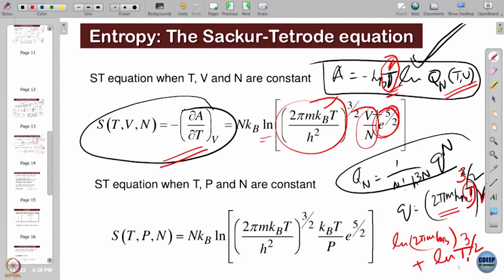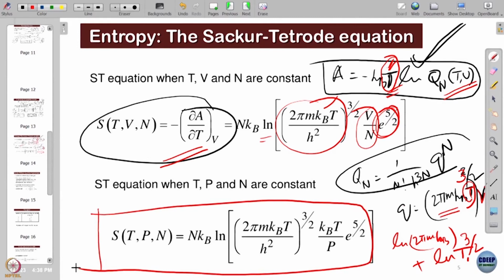So, this is an exact expression for an entropy, a highly non-trivial equation: the entropy of n number of ideal gas particles is n kB ln of 2 pi m kBT to the 3 by 2, kBT by V. Now, this V by n one can use PV equal to n kBT, the ideal gas law, and then you remove V by n, bring it here, so it becomes kBT by P. This is more useful because most of the time we want it at constant pressure, not at constant volume, and we know the number of particles, at constant temperature, constant pressure, constant n.